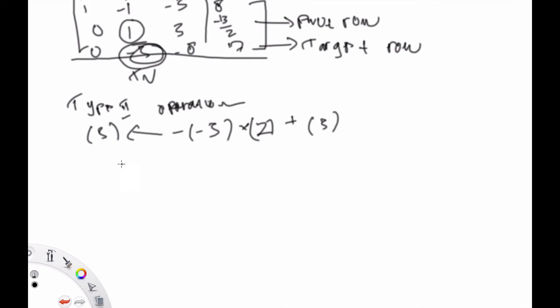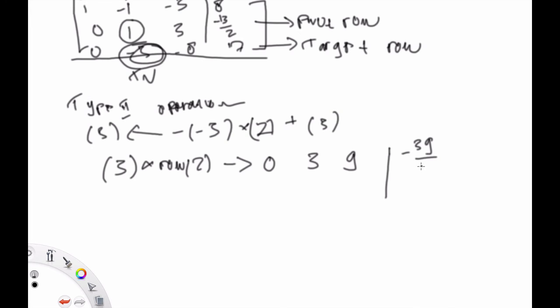So 3 times row 2 gives 0, 3, 9, and on the augmented side minus 39 over 2, and then row 3 is 0, minus 3, minus 8, and 17.